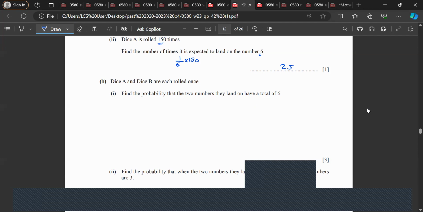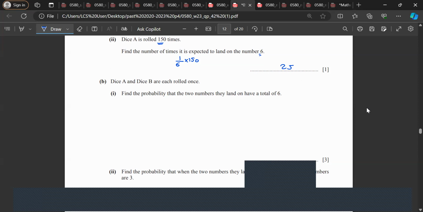We're gonna do 1 over 6 times 2 over 6 and then close bracket. Sorry, what did you say? I'm asking about question B. Find the probability that the two numbers they land on have total 6.